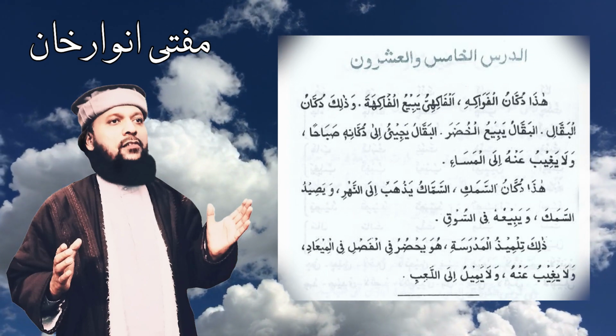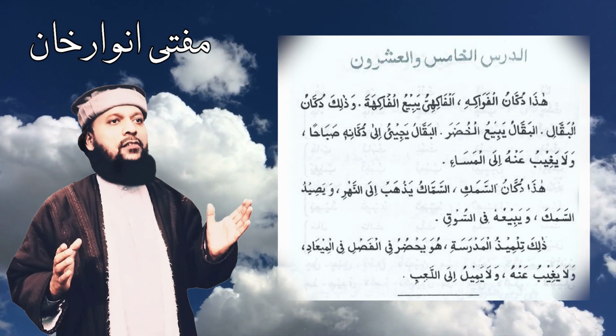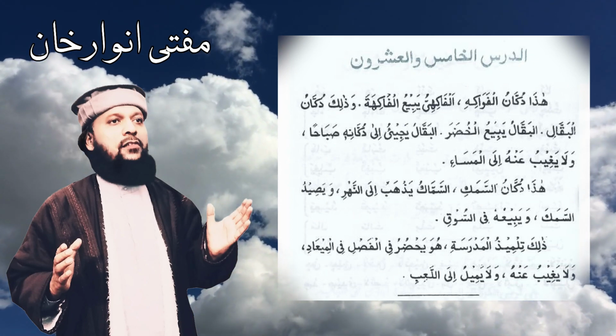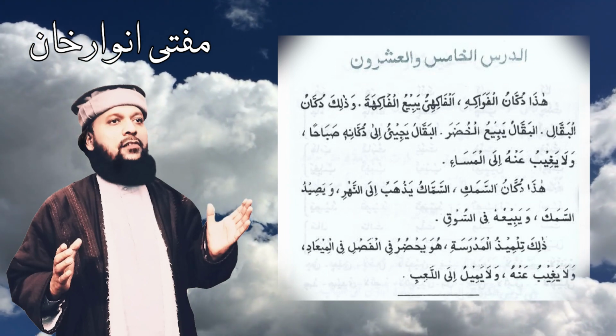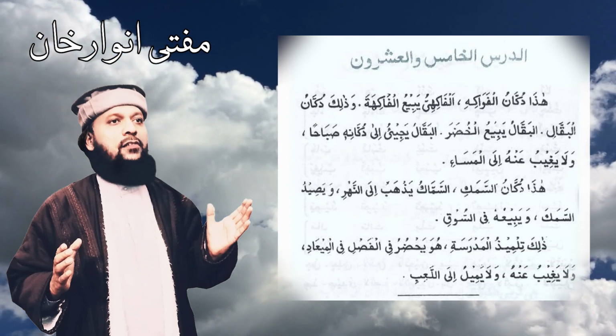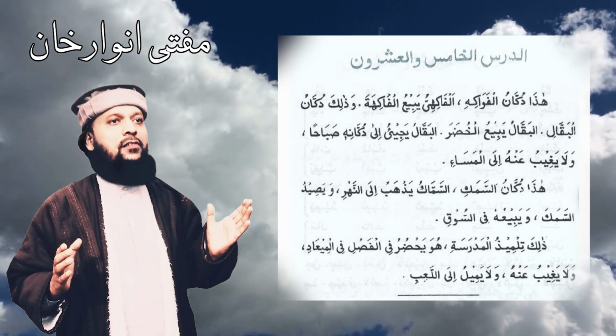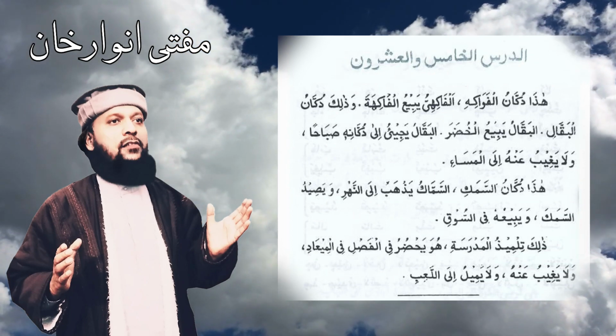Yabi'u, this is ba'a yabi'u. Yabi'u is the present form, the mudari form. So in ba'a yabi'u, this ya you see is the weak letter and this is the vowel, and this is making this verb mu'tal.